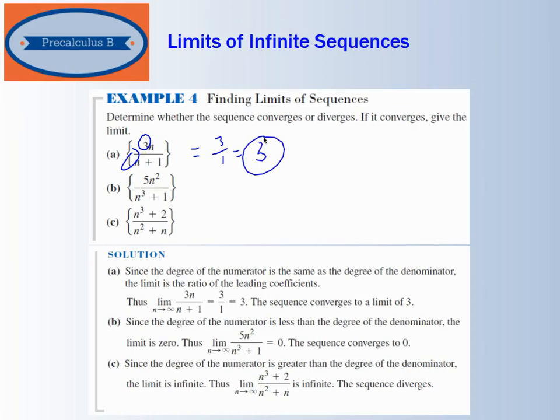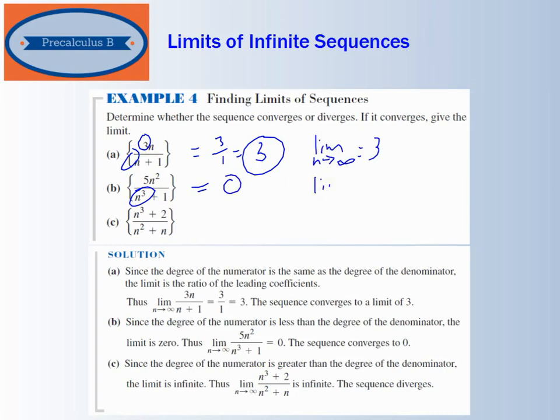In the second one, the degree in the numerator is smaller than the degree in the denominator. When we have a larger degree in the denominator than in the numerator, it's going to converge at 0. So the limit as n approaches infinity, and this is how we should be writing this, equals 3.